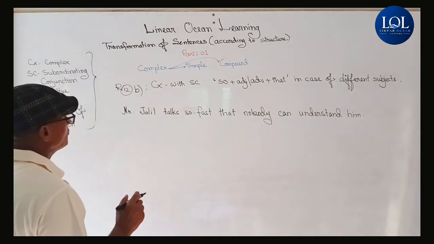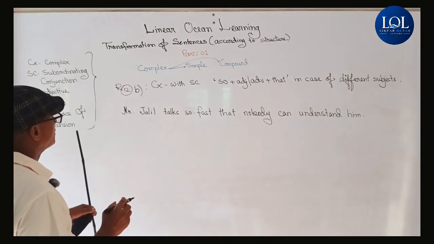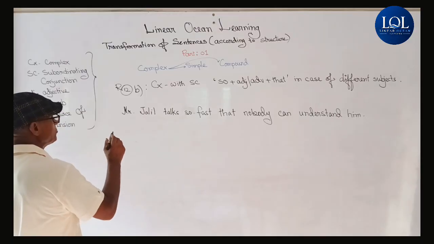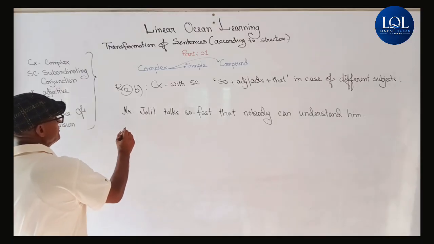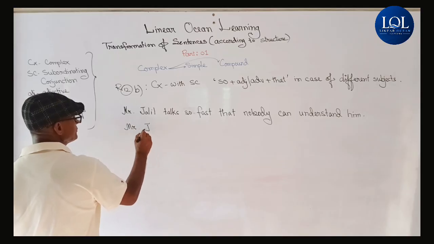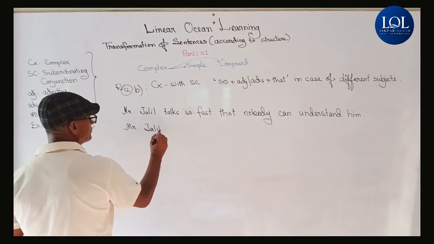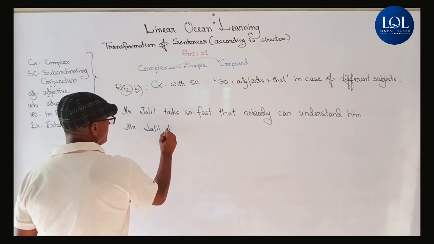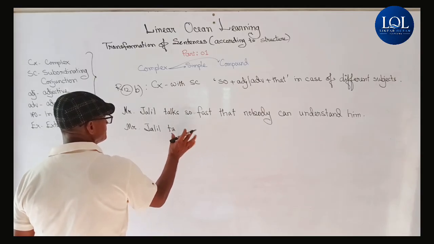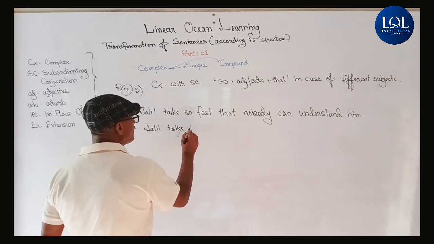If we follow the previous structure to make the complex sentence into a simple one, the simple sentence we will get will be: Mr. Jolil talks too fast.